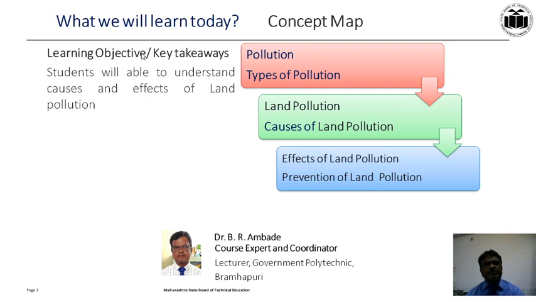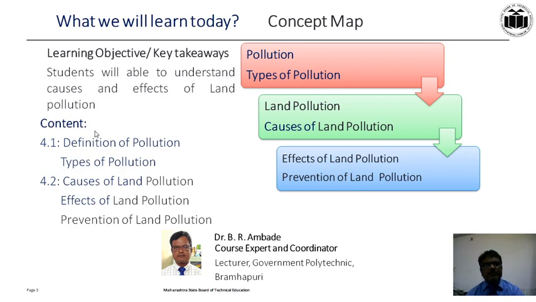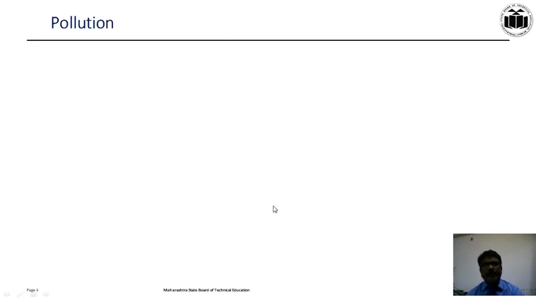Today's learning objectives or key takeaways is students will be able to understand causes and effects of land pollution. And the contents are 4.1, definition of pollution, types of pollution, causes of land pollution, effects of land pollution, and prevention of land pollution.